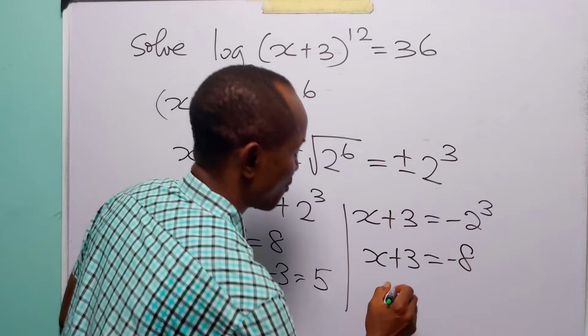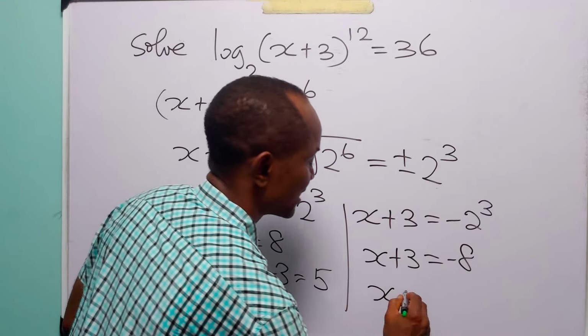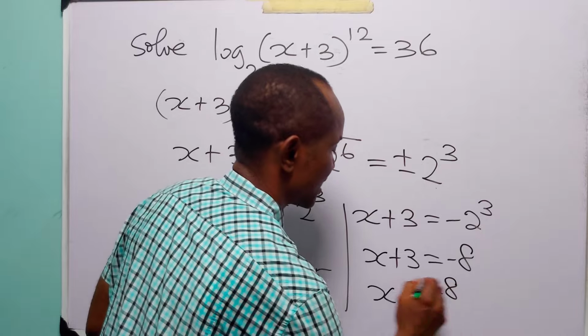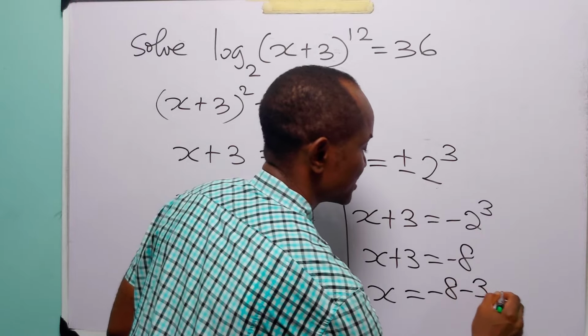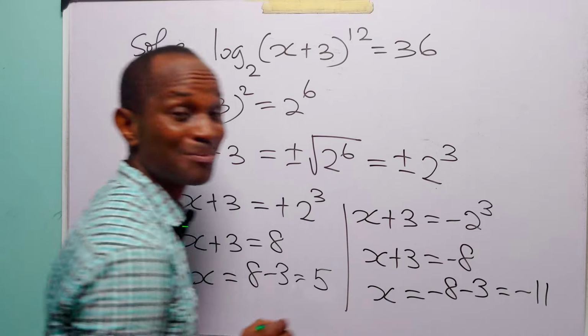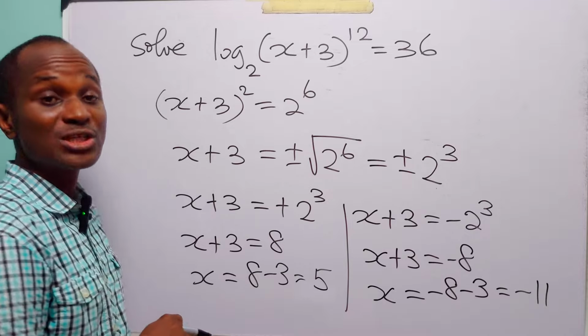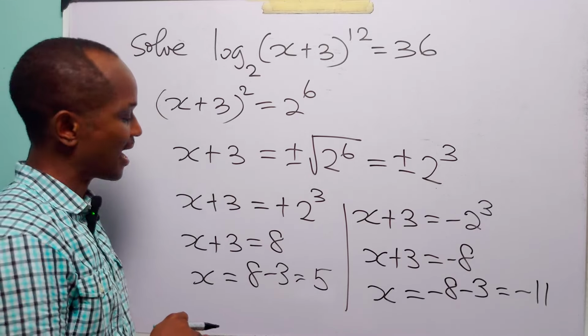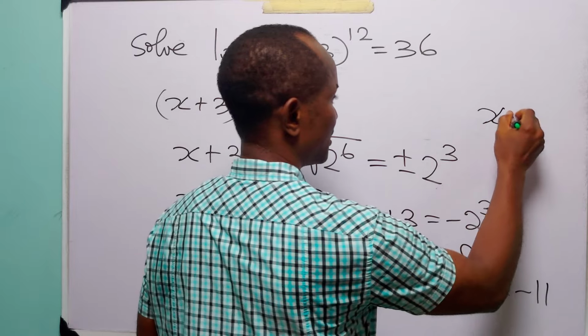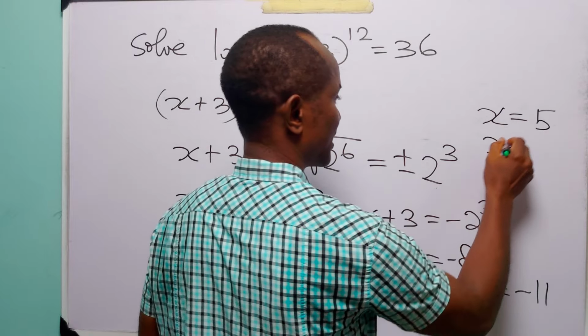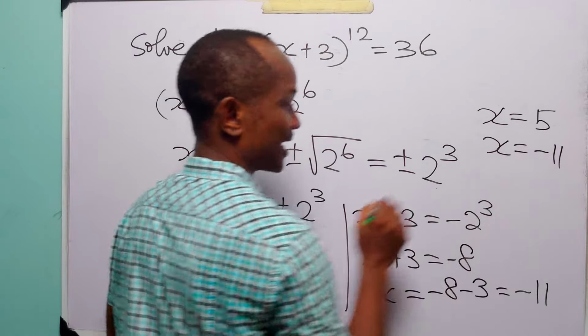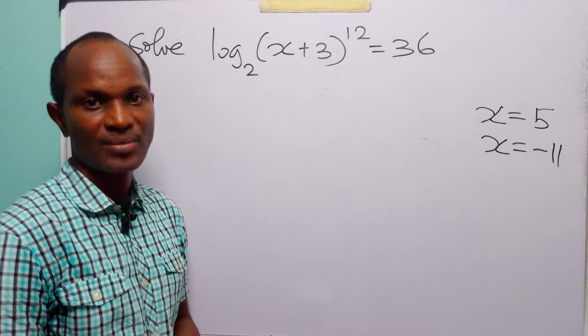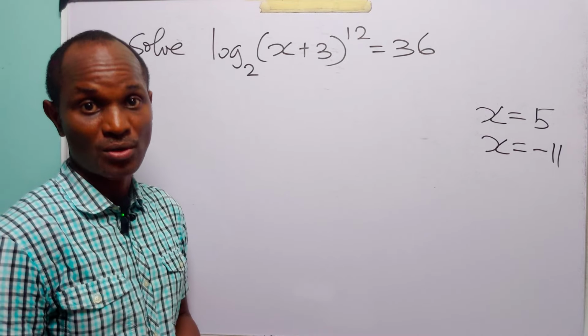When we subtract 3 from both sides of this equation, we have that x is equal to minus 8 minus 3, which is equal to minus 11. So the two values of x that satisfy this logarithmic equation are x equal to 5 and x equal to minus 11. So why did the first method not work?